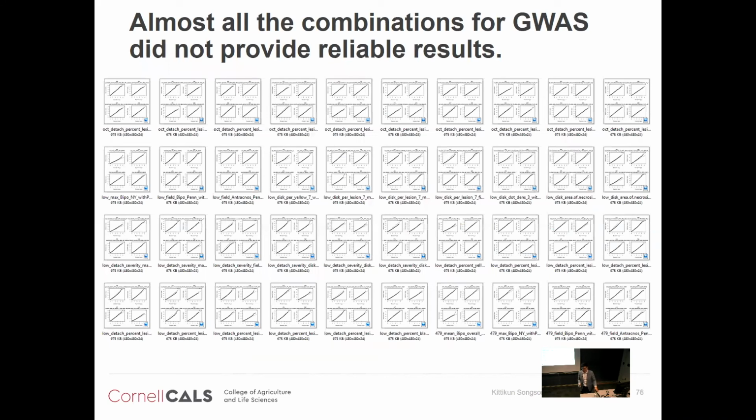As I mentioned earlier, I fit the GWAS with a single trait by itself and with combinations of many traits, from the detached leaf, from this leaf, from the field, and everything.